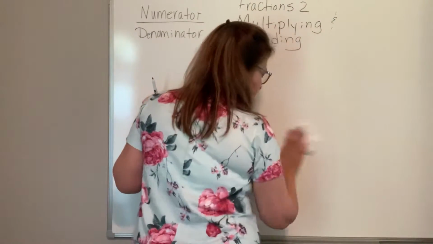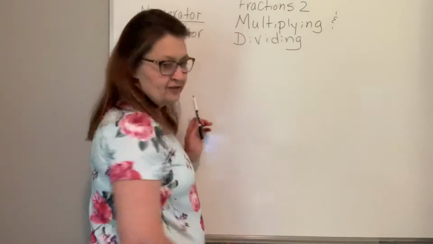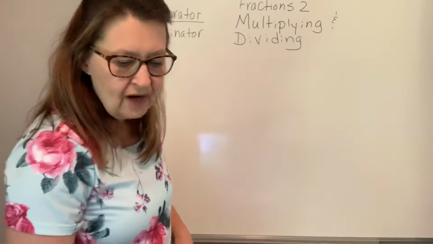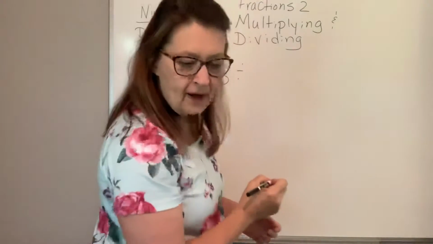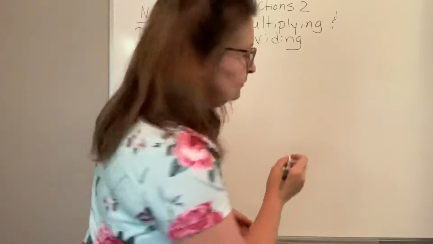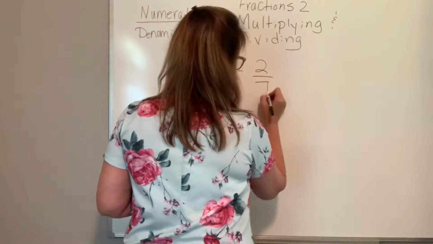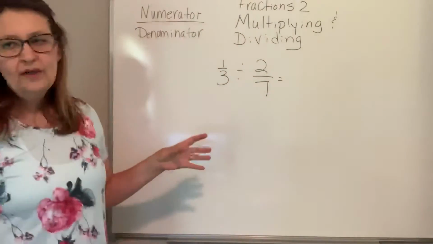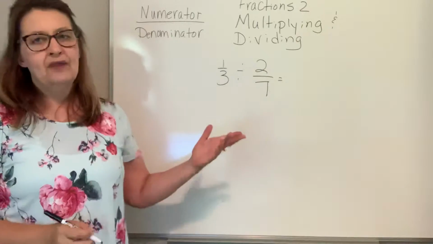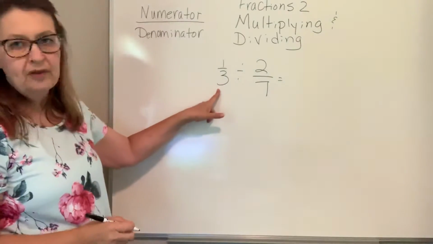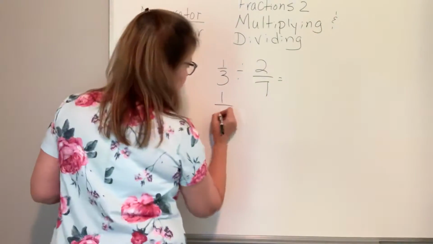Once you get the hang of multiplying, division is a snap. Let's just say I want to divide 1/3 divided by 2/7. The way you divide a fraction, remember that old thing, keep, change, flip? Well, that's what we're going to do. We're going to keep the first one just like it is.